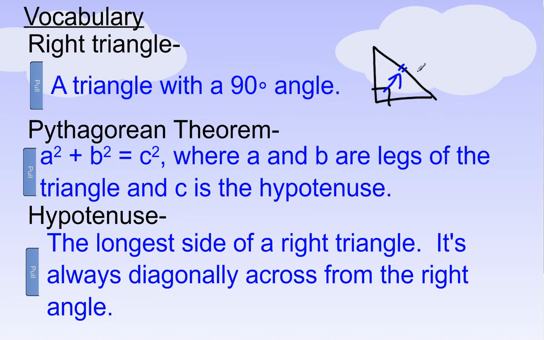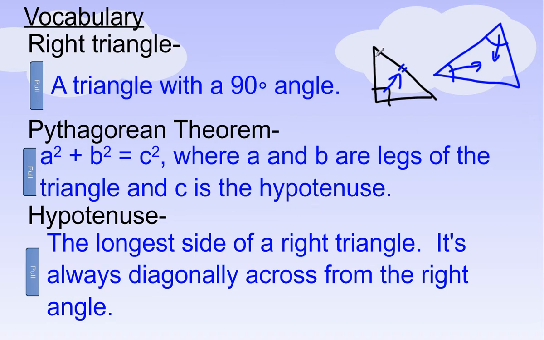There's a little property of triangles you may not know, and it works even for triangles that aren't right triangles: across from the smallest angle is the smallest side, and across from the biggest angle is the biggest side. That's always going to be true for triangles.